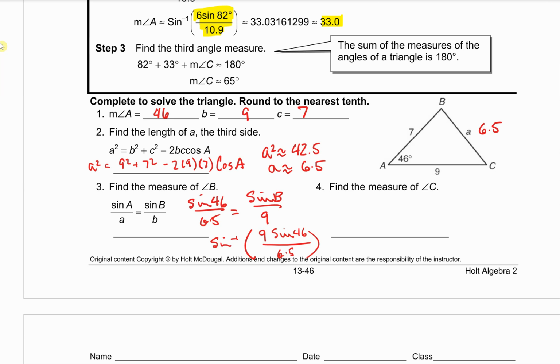Close up my parentheses. Inverse sine of that is about 84.9. So B is about 84.9 degrees. So then, to find the measure of angle C, I'm going to do 180 minus 46 minus 84.9. That is about, and I have to say about because I rounded, 49.1.